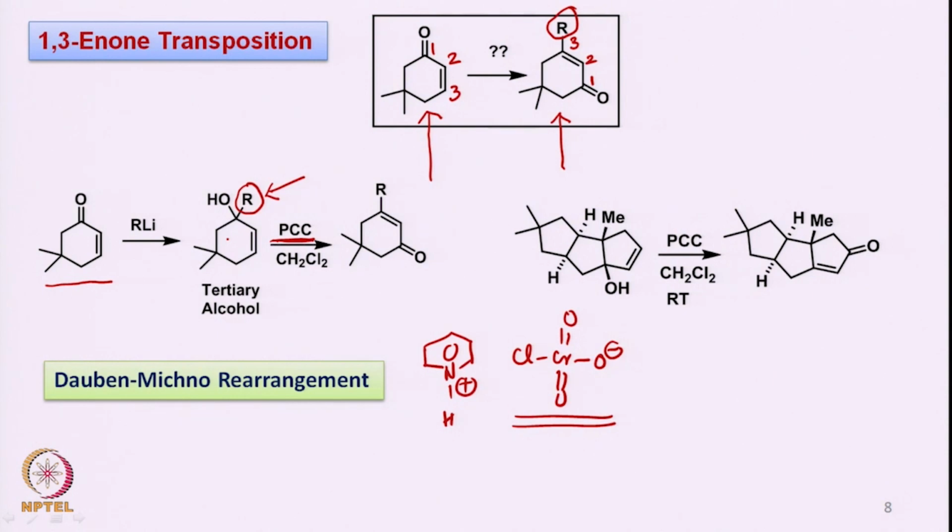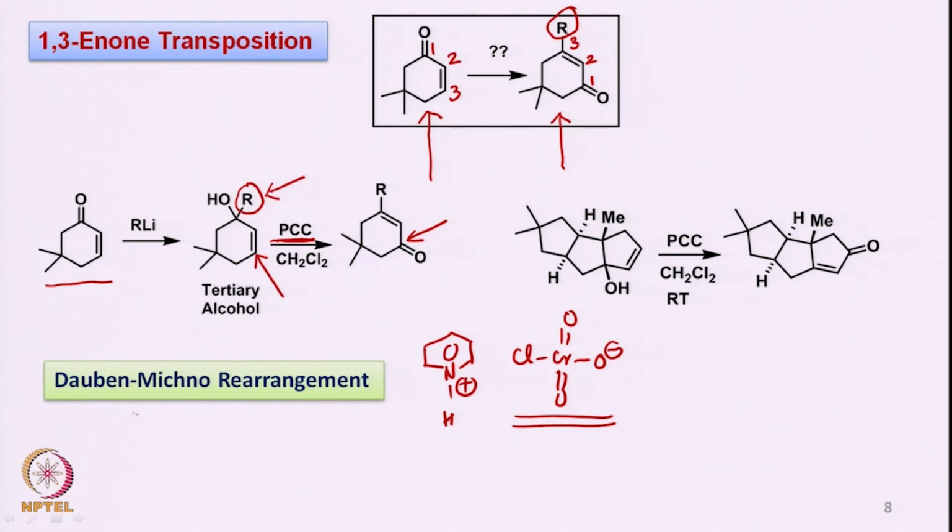So as a result, there is some type of migration or rearrangement that occurs, where the intermediate eventually gets transformed in such a way that it reaches the third carbon here, or the vinylic carbon, the other end of the double bond, which has one hydrogen.